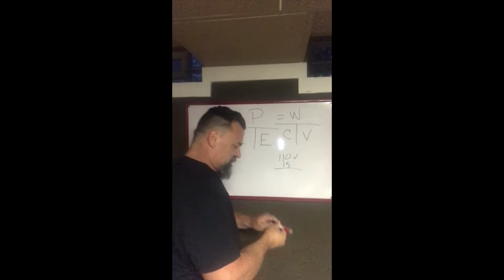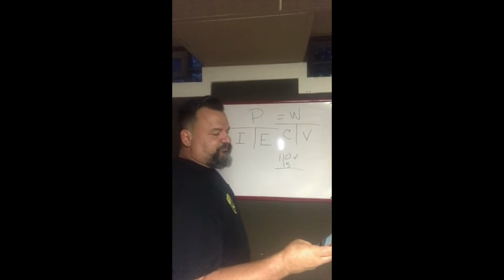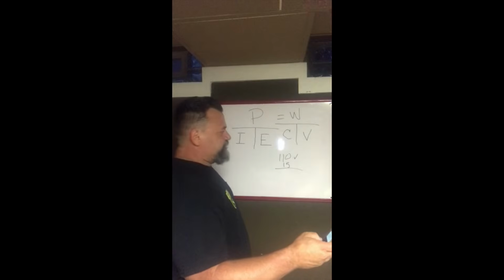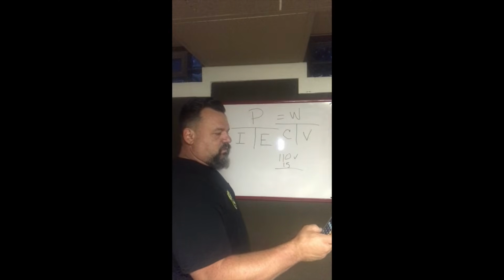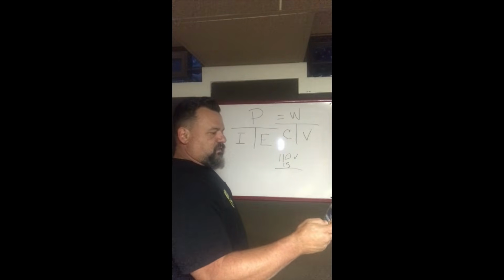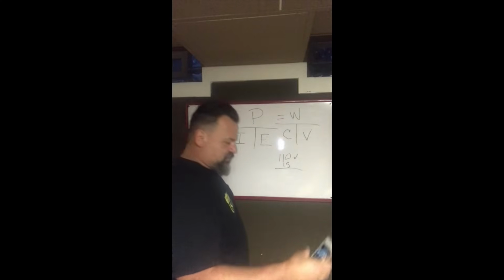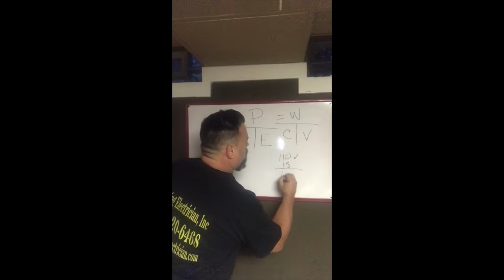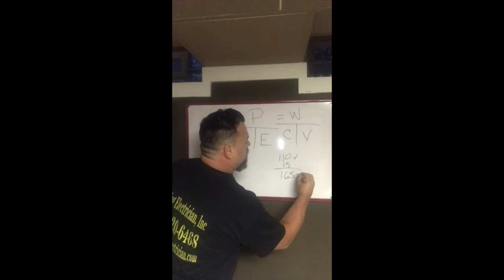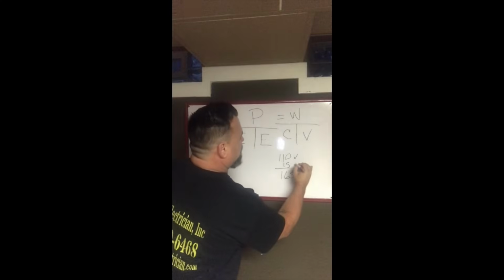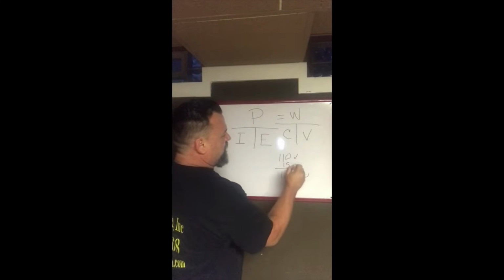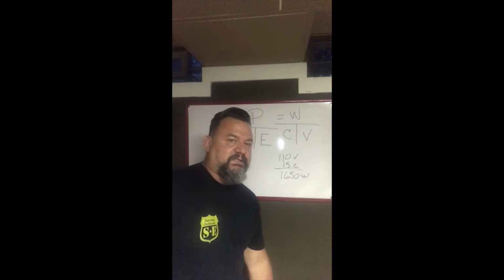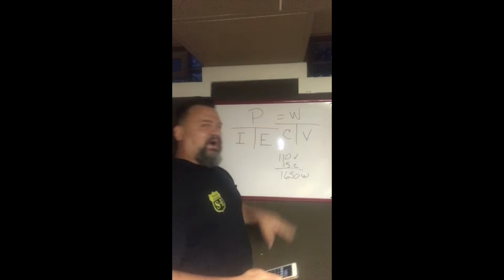Let me get my trusty calculator out. 110 times 15 equals 1,650. 1,650 watts. So my voltage times my current got me 1,650 watts. That's the most you can put on a circuit with lights. It's as simple as that, but you'd never go that high.